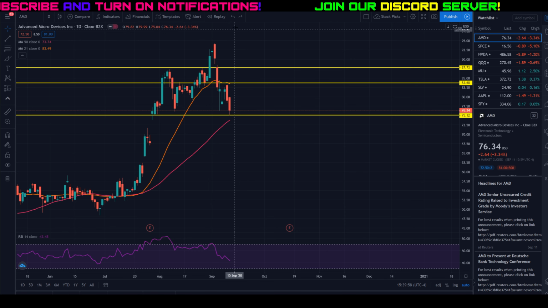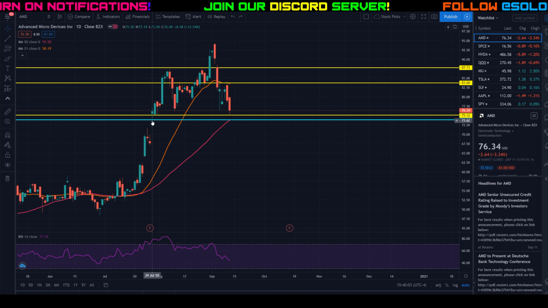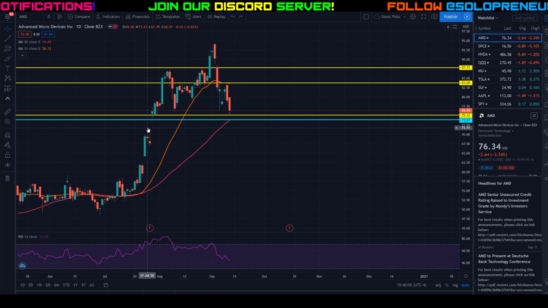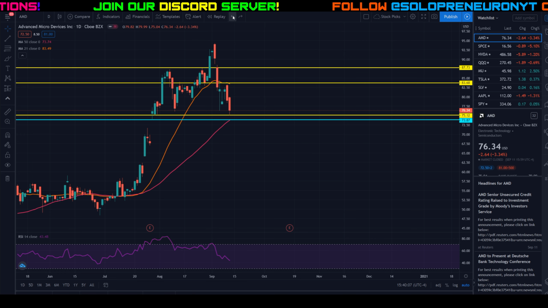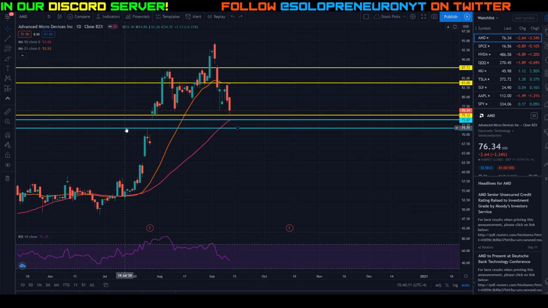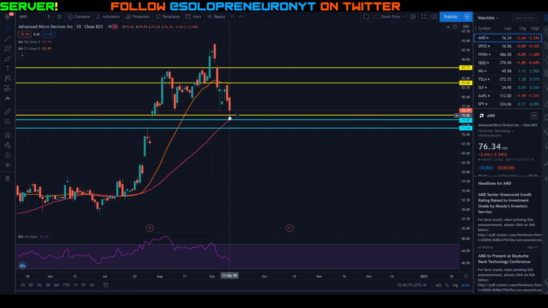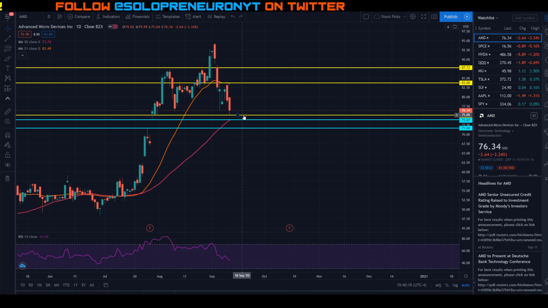If it does break down below, I've identified this gap here. You can see there's a gap between the wick of this candle and the wick of this candle where no prices were found. See, there's no candle or wick in this area. If we do break below this $75 support, then I would suspect AMD is going to want to fill this gap.